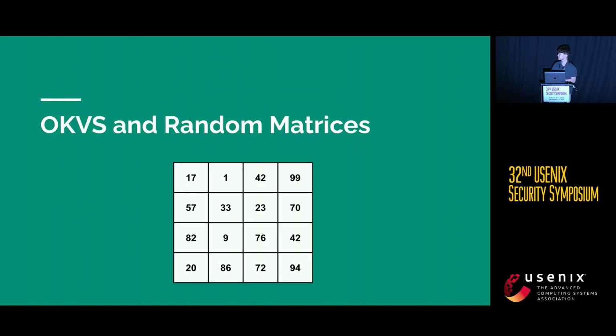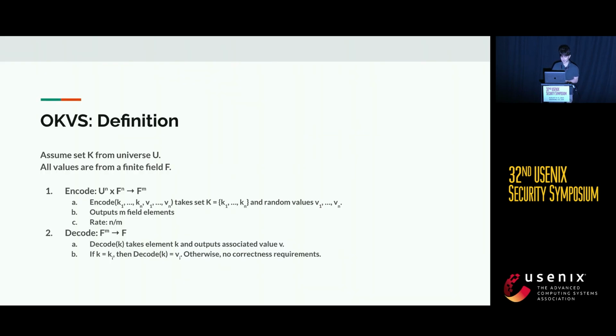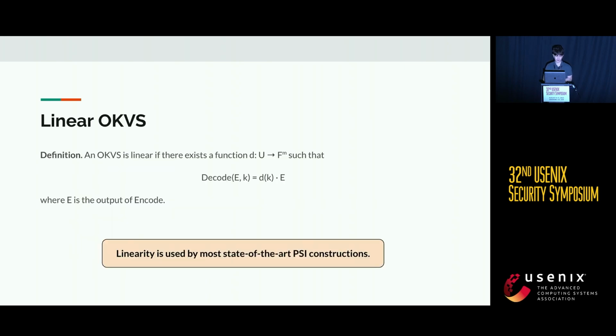Here we'll go over the relationship between OKVS and random matrices. This is the formal definition of what I went over earlier, but the key takeaway is that we're working with some finite field F, and it's the same thing as I presented earlier. There's a concept of linearity in the OKVS, which means that the decoding algorithm consists of taking linear combinations of the input encoding.